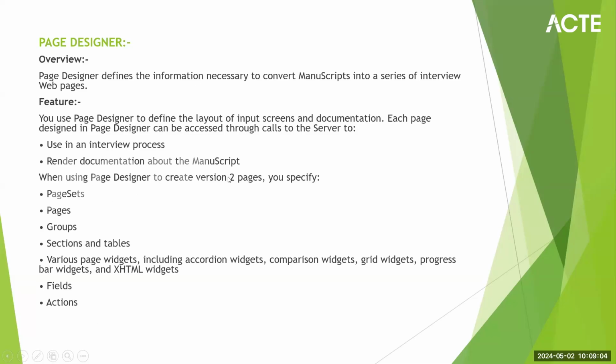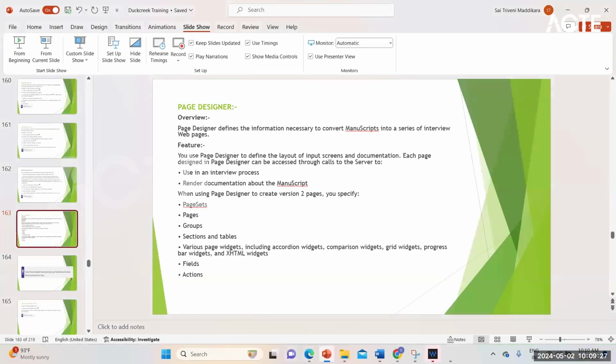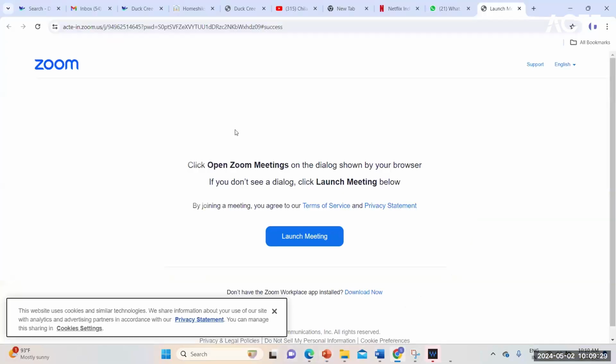When using page designer to create version 2 pages, you must specify page sets, pages, groups, sections, and tables, various page widgets, including accordion, comparison widgets, grid widgets, and all these fields and actions. Suppose you are creating one particular screen on the UI. For example, let's take this.